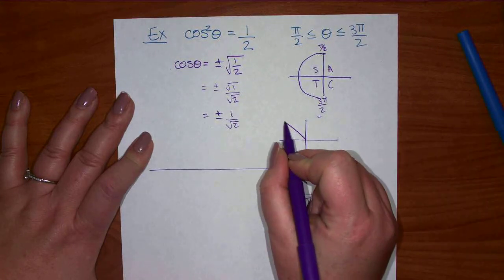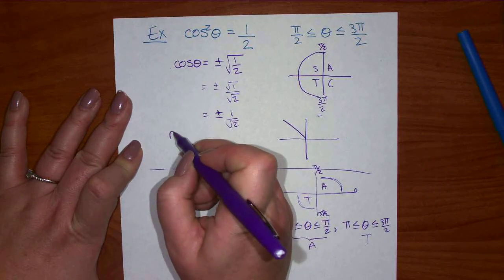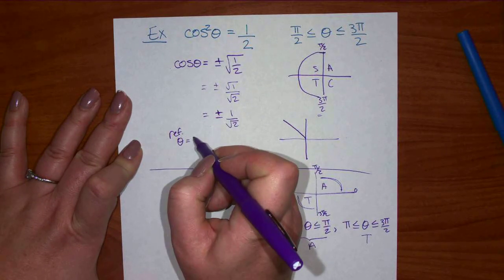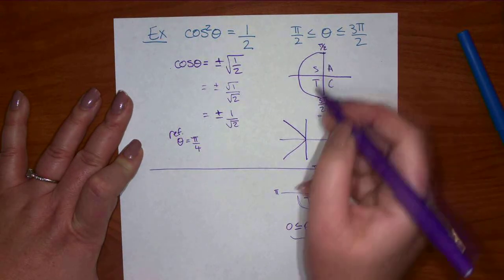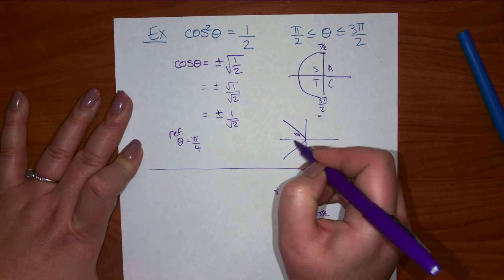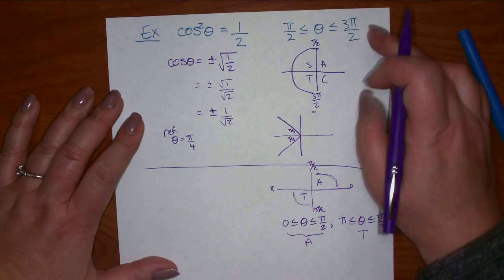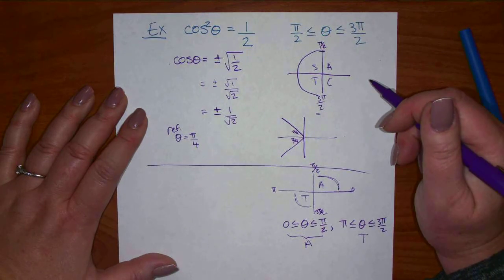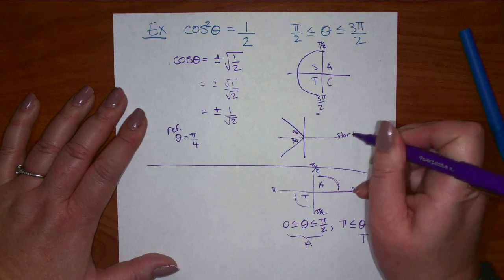Oh, what's the reference angle? 1 over root 2. Pi over 4, that's from the table. So since we only wanted these two, pi over 4, pi over 4. It didn't ask for the other two. So here's your start. We want to go in the positive direction for both of them.